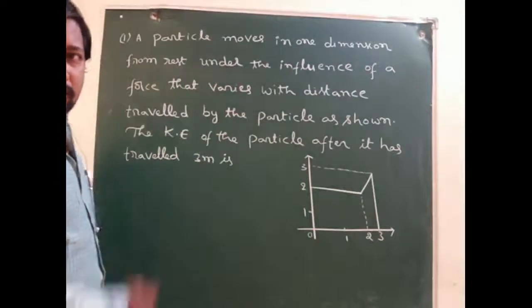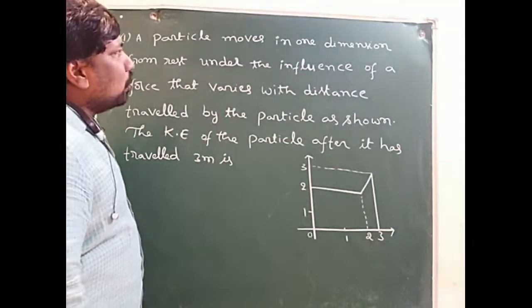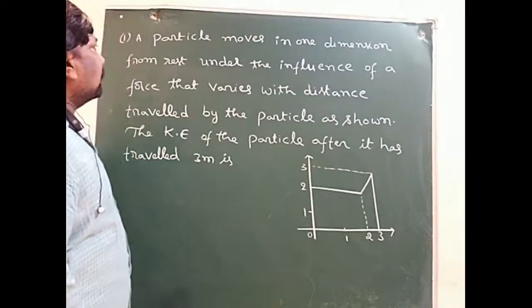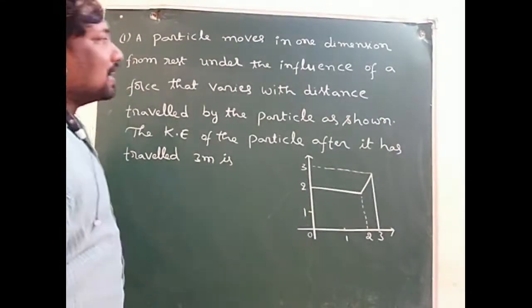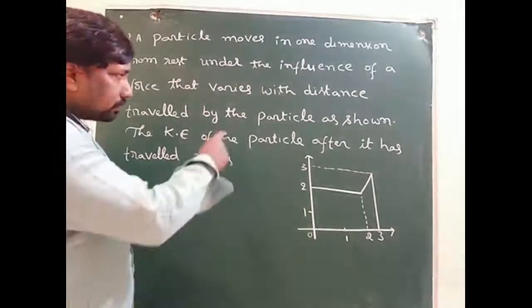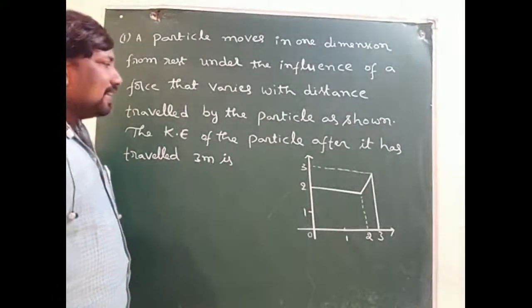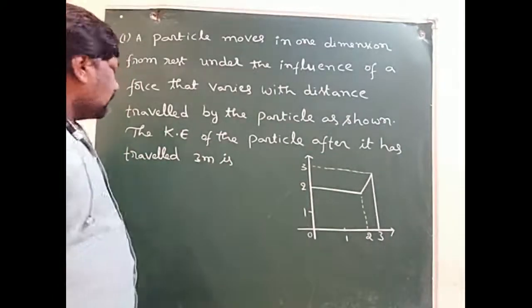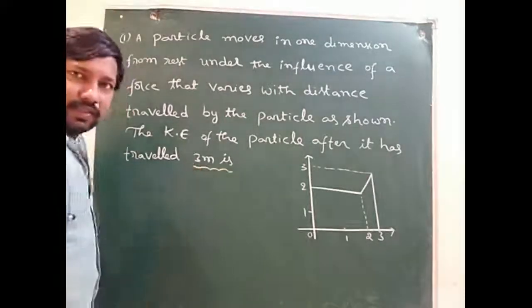So here this is the first problem. In this problem, a particle moves in one dimension from rest under the influence of a force that varies with distance traveled by the particle, as shown in the figure. Now find the kinetic energy of the particle after it has traveled 3 meters.